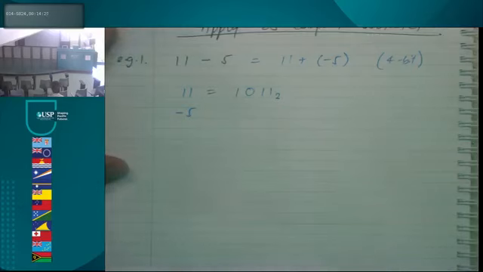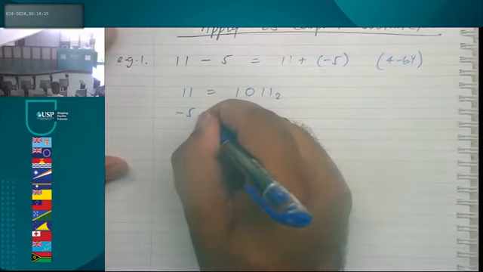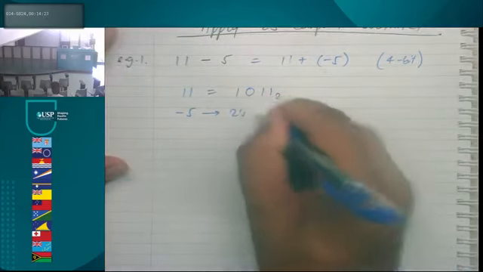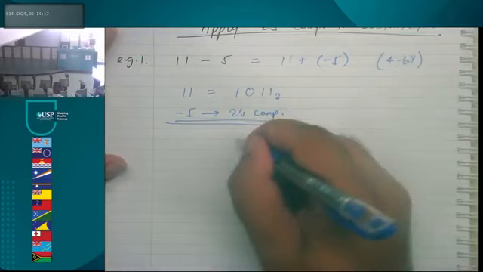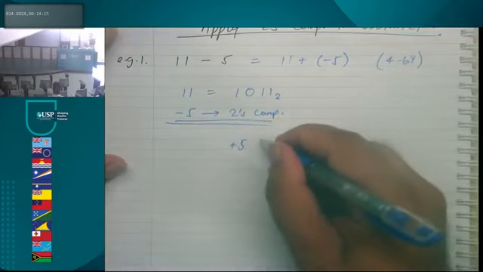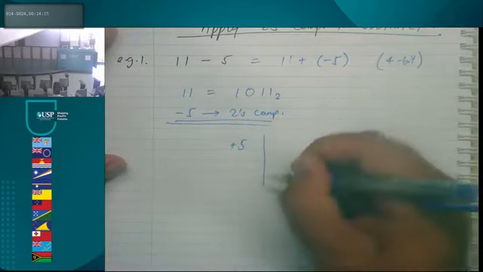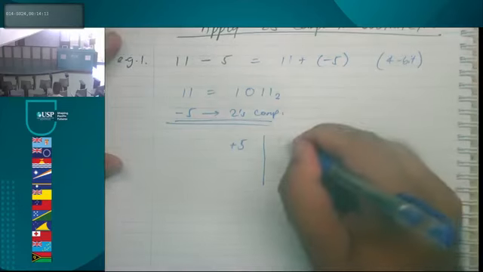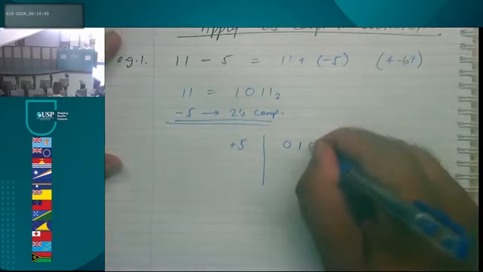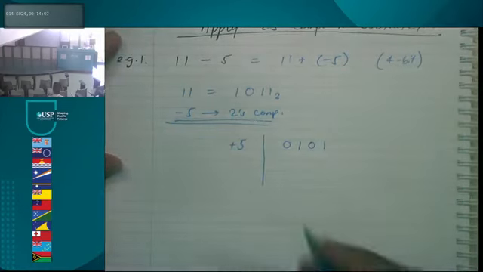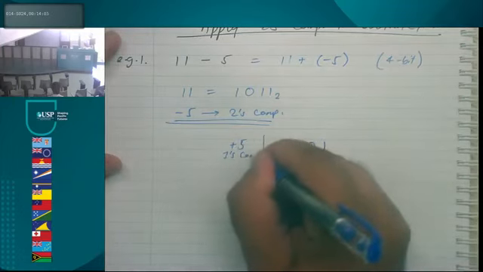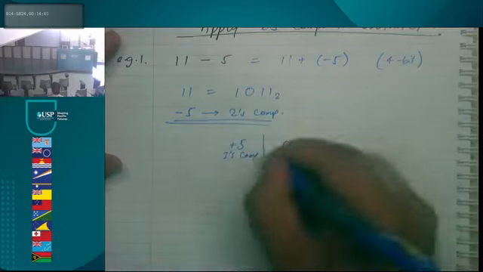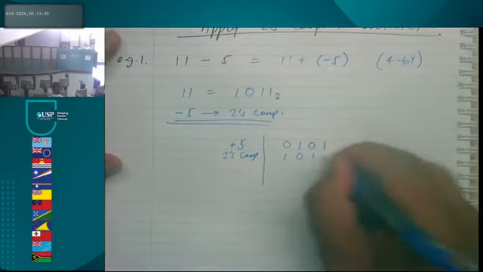Now negative 5. Negative 5, we've got to convert it into 2's complement. Okay. Positive 5 in 4 bits, guys, there'll be 0, 1, 0, 1. Okay. Now, we take 1's complement. 1's complement just means flip the bit. 1, 0, 1, 0.